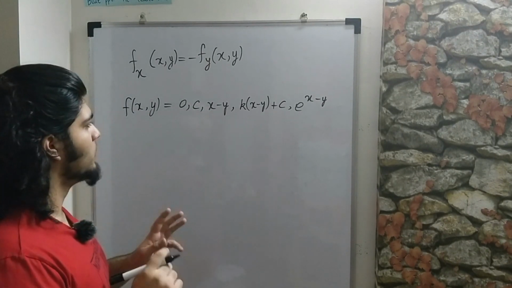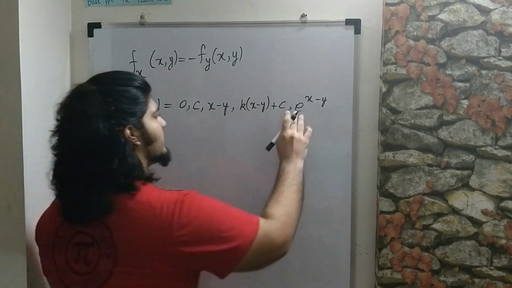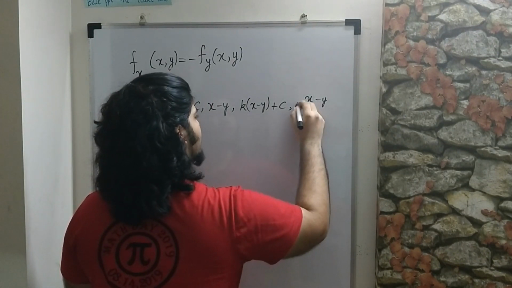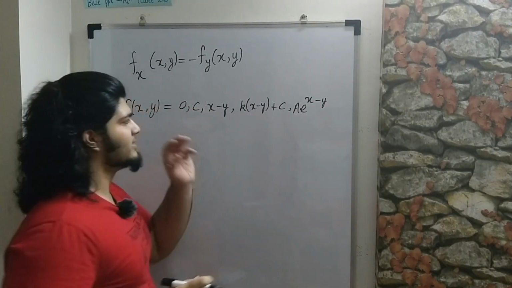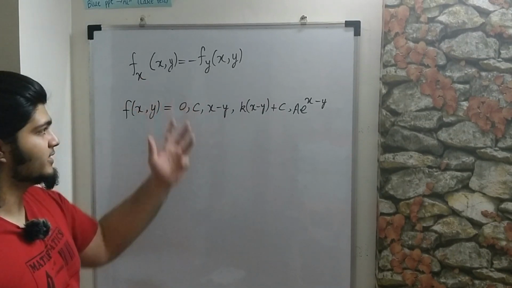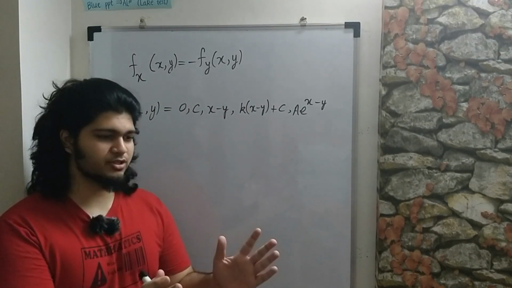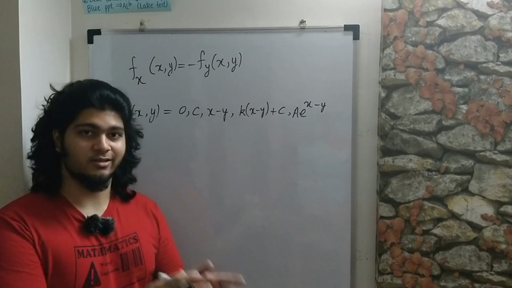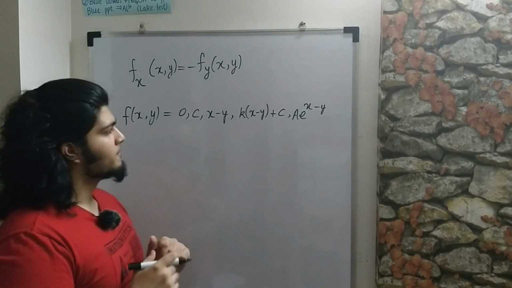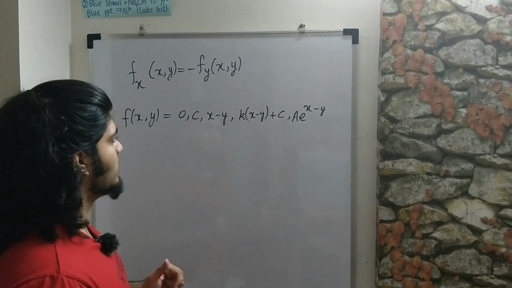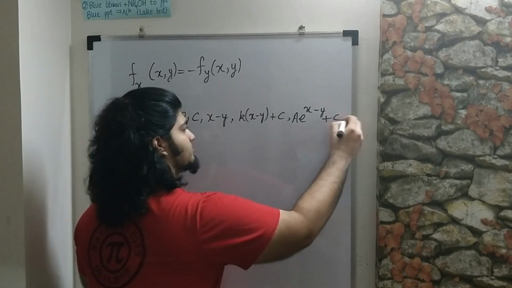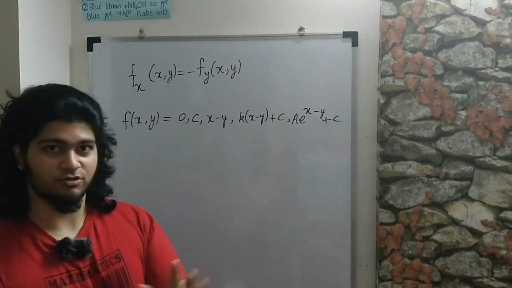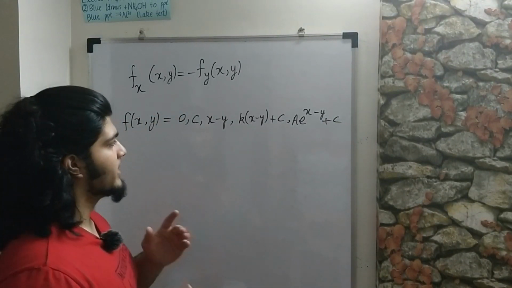But now notice that if I multiply this by some constant a, this is still a solution because it's a linear differential equation. So if you have a solution, then a constant times that solution is also a solution. Can you think of anything else? Well, we can add c, because solution plus solution is also a solution. Anything else?